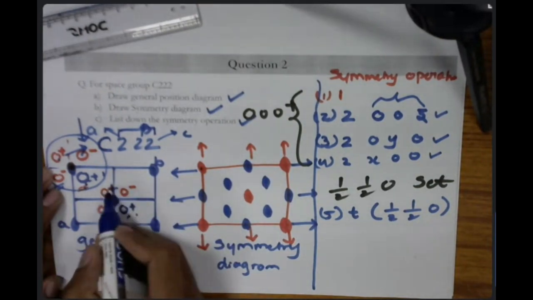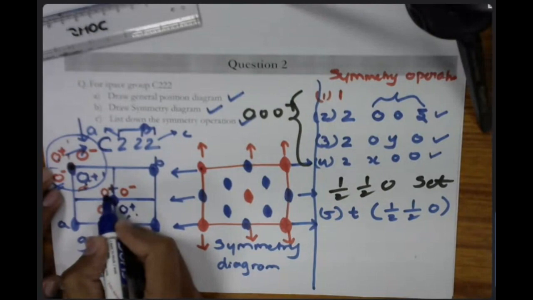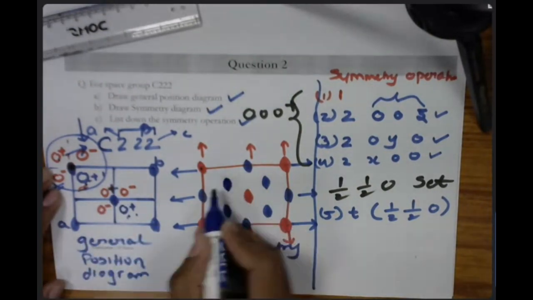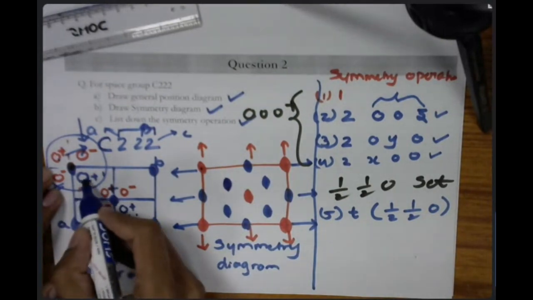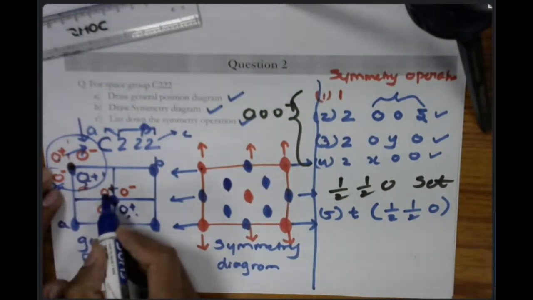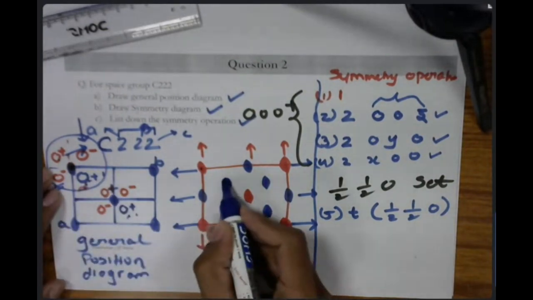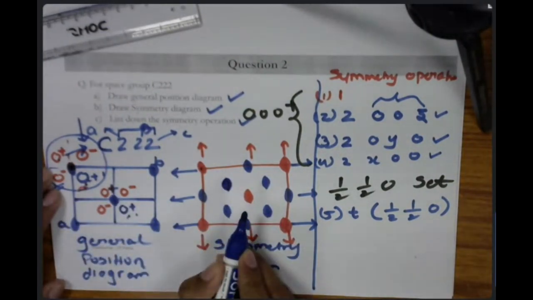Okay, let's complete it. How can one obtain this particular point? We can say there's a twofold rotation over here, which can move this particular point to this particular point, followed by this twofold rotation, right?